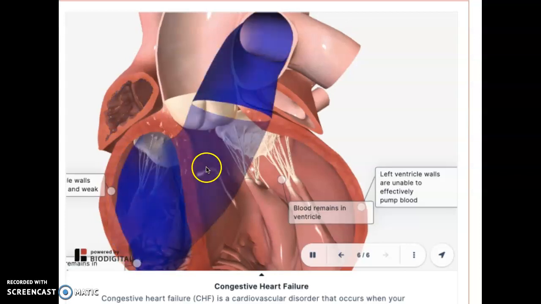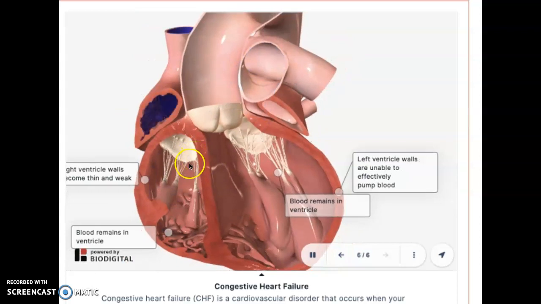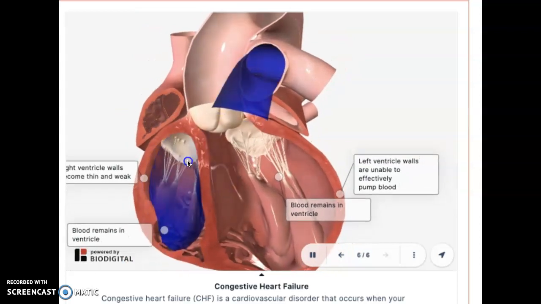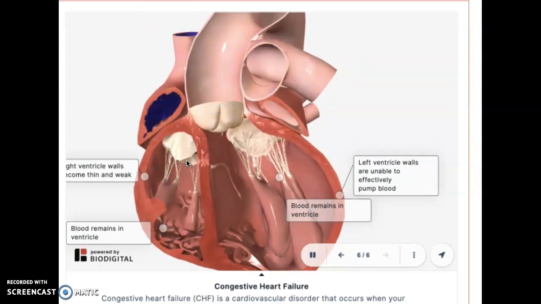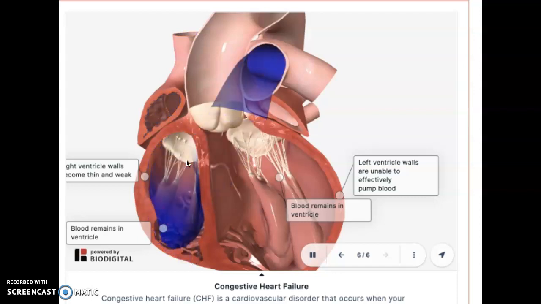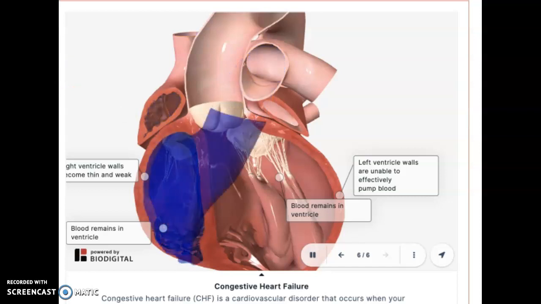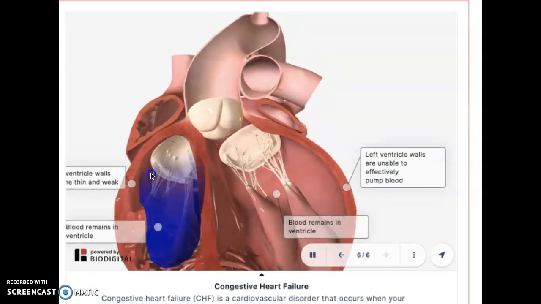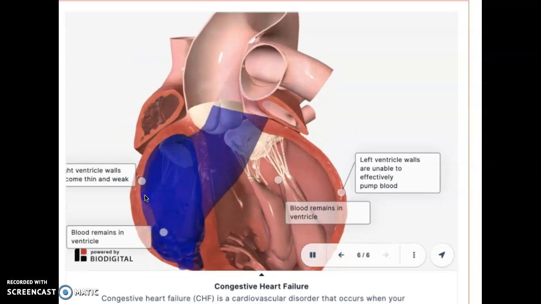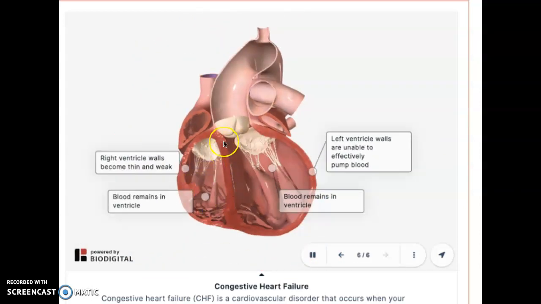There are certain diseases of the heart muscle called cardiomyopathy. Abnormal heart rhythms, arrhythmia, and heart attacks can also cause congestive heart failure. In congestive heart failure, the walls of the ventricles are thin and weak. Remember, ventricles are separated by a heart muscle called the septum.